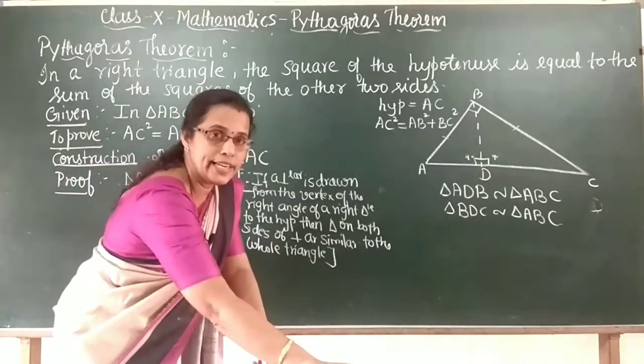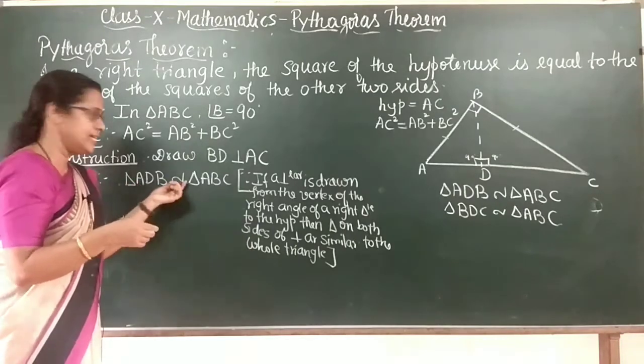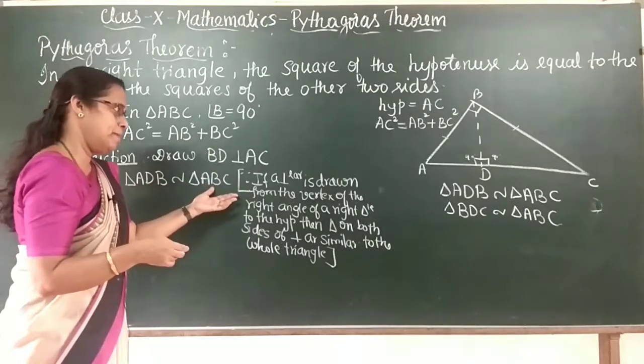So you already learned this from the theorem. So we can say that ADB is similar to triangle ABC.